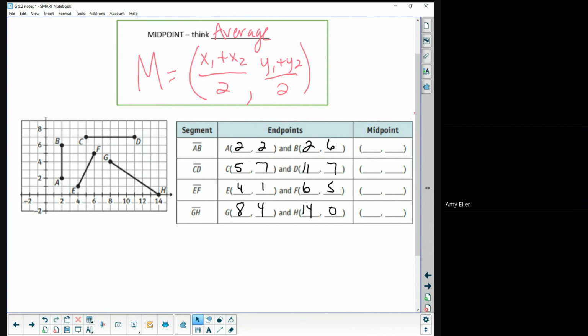We haven't done any midpoint, we haven't done any real math. We have just looked at our points and we've written them down.